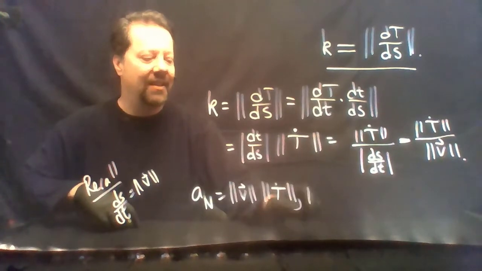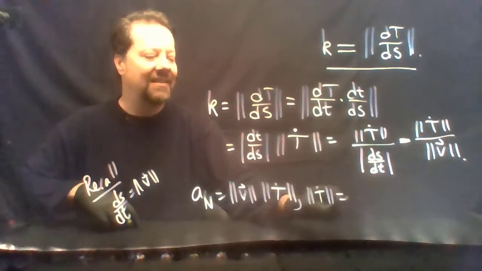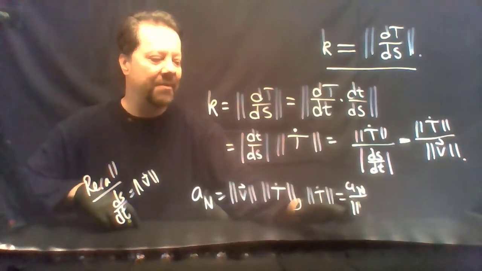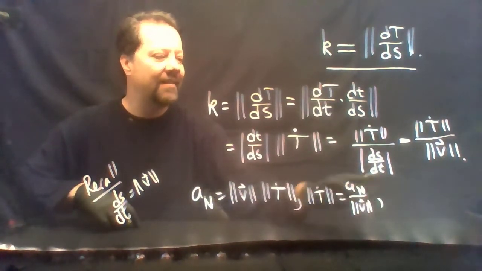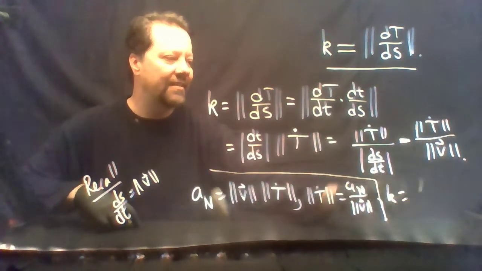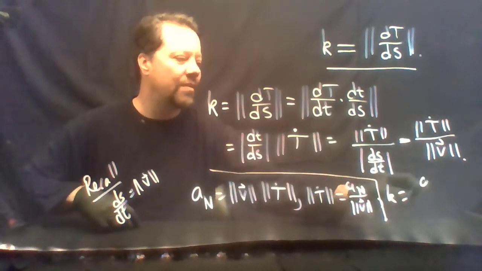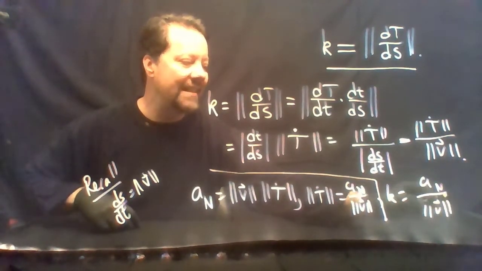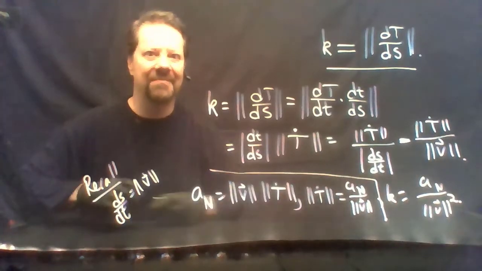That means that the norm of T dot is the normal component of acceleration divided by the norm of v. From that, the curvature is the normal component of acceleration divided by the norm of the velocity squared.